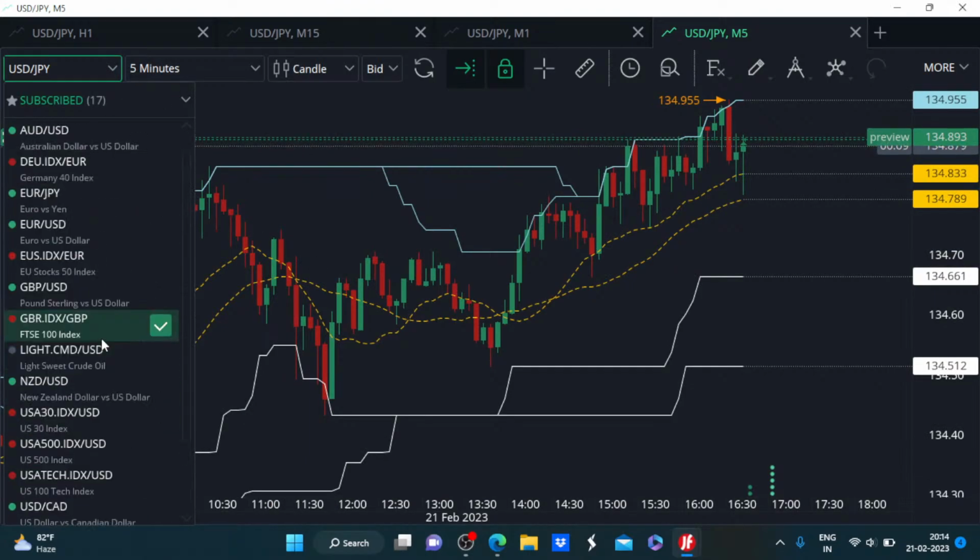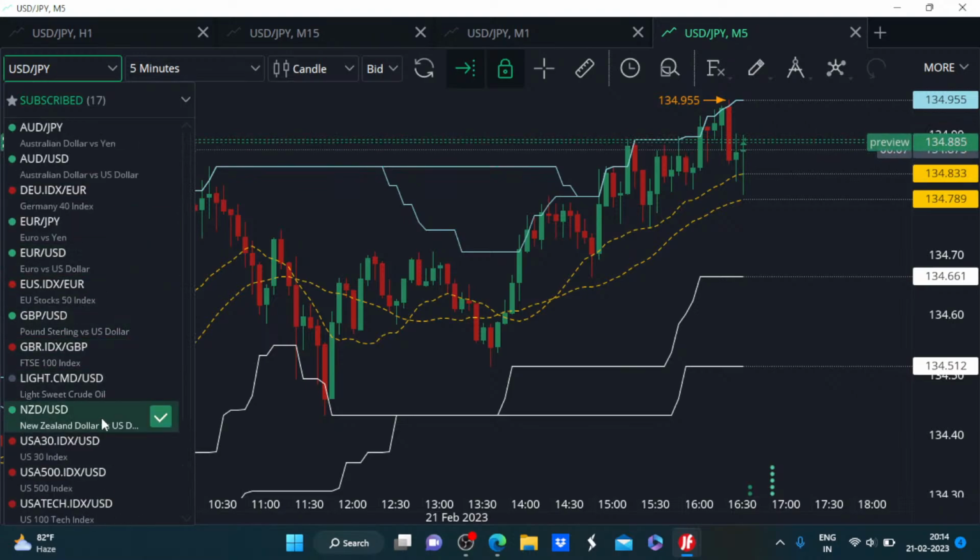Let's see how things are shaping up for the other major currencies.